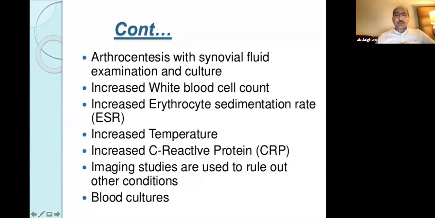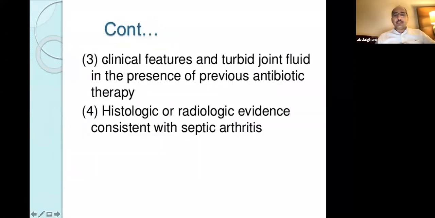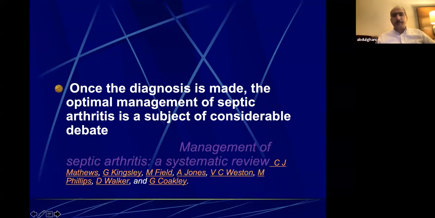Along with this, local temperature, the patient is febrile, increased CRP. Imaging studies are used to rule out other conditions, and rarely blood culture can be asked. The third point is clinical feature and turbid joint fluid in the presence of previous antibiotic therapy, and when there is a histological or radiological evidence consistent with septic arthritis. So if one of these points is present, that is septic arthritis unless proved otherwise, as per the Newman criteria.